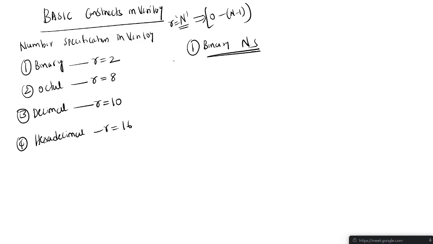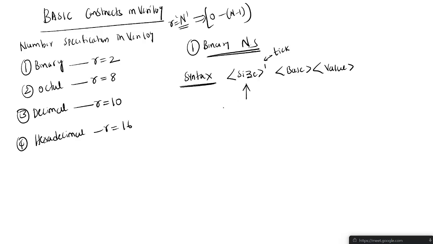The syntax of how you represent the binary number is size, tick, base, and value. Size tick base and value.